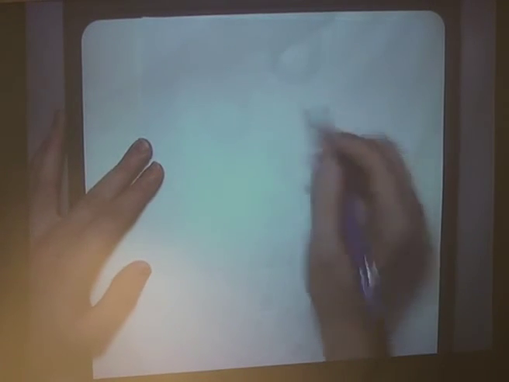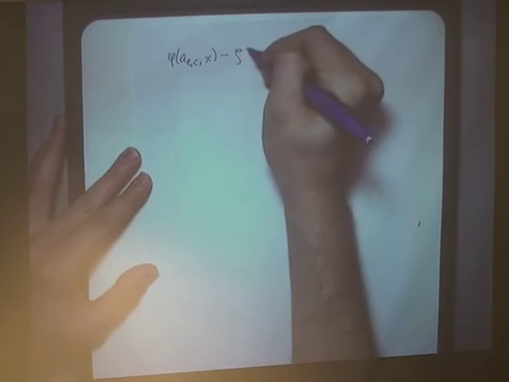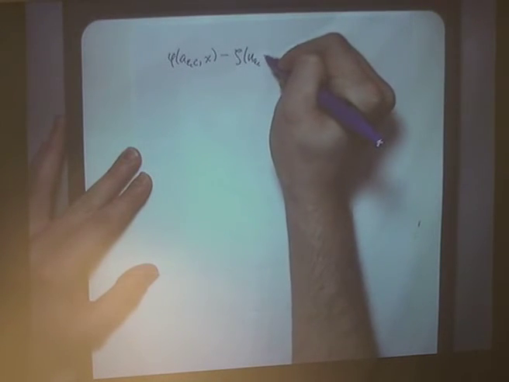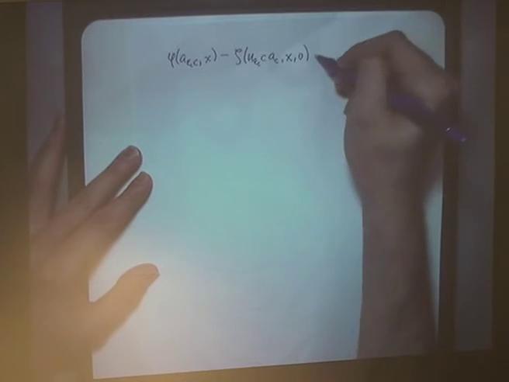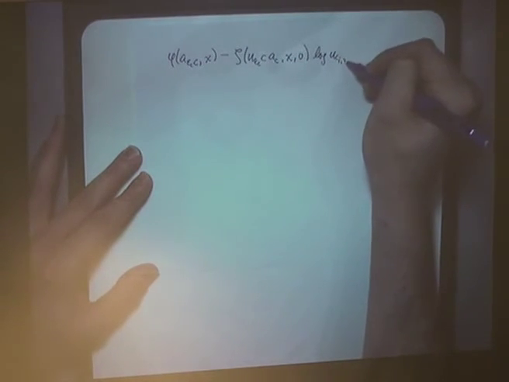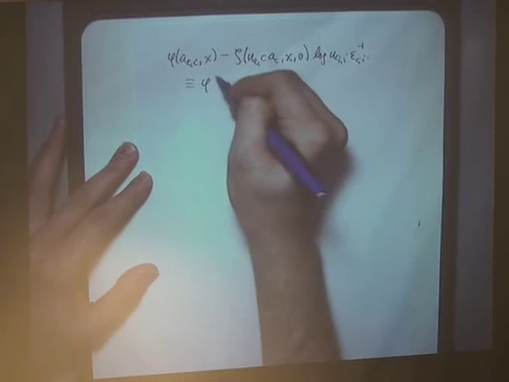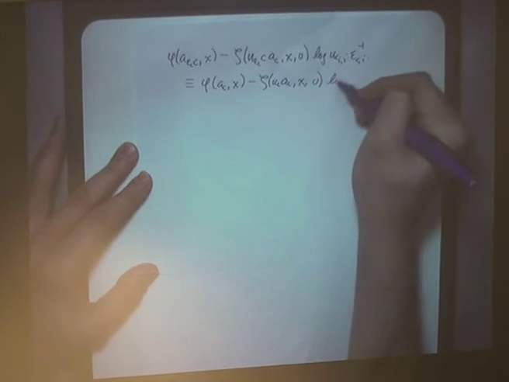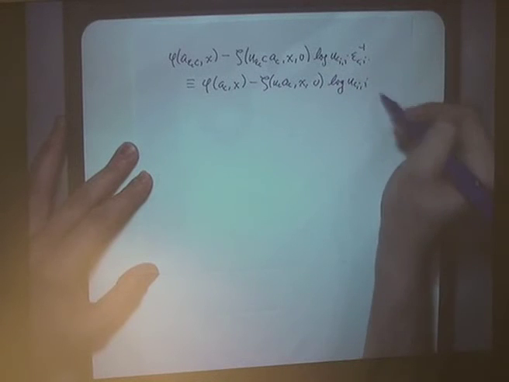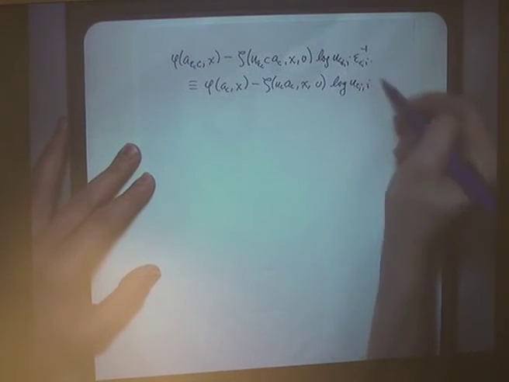So we can use our previous results and conclude that phi of A_{epsilon_C C} at x, minus zeta of U_{epsilon_C C} A_C, sorry about the multiple layers of subscripts, x_0 times the logarithm of U_{C,i} epsilon_{C,i} inverse, which is the ith diagonal entry of U_C delta_C inverse, is going to be congruent to phi of A_C at x minus zeta of U_C A_C, x_0 times log of U_{C,i}.